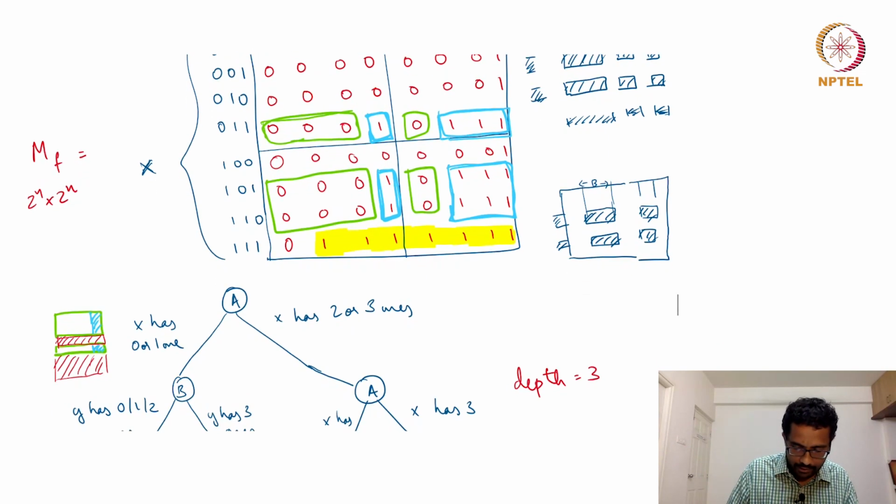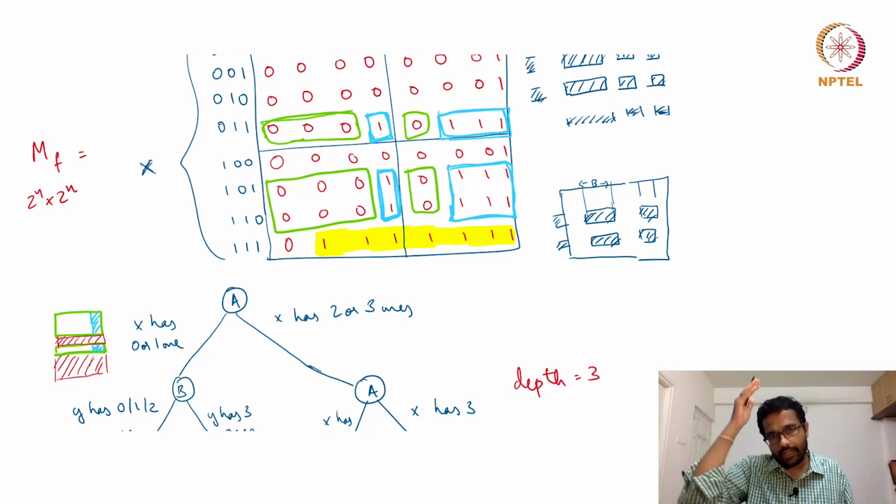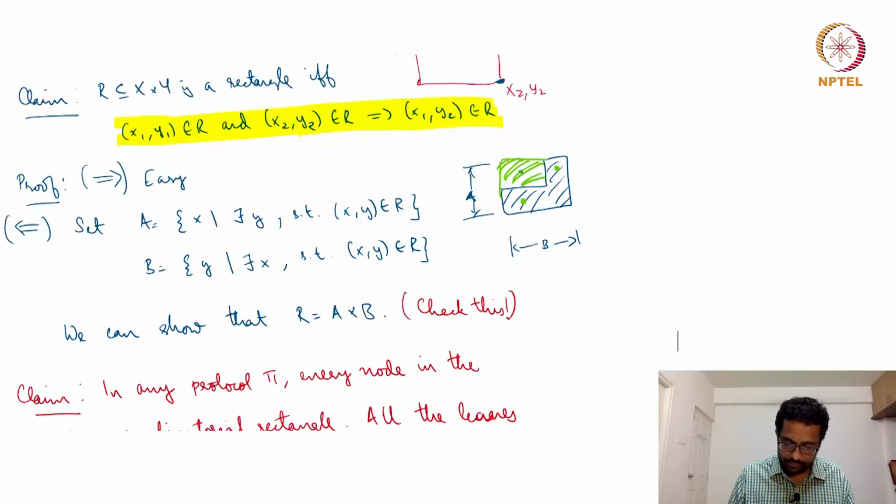Like over here, the green was one split, but some rows go into one side, some rows go into the other side. And whenever Bob speaks, it's a vertical cut. So every time it's split horizontally or vertically, but a rectangle when cut entirely remains a rectangle. That is the proof.